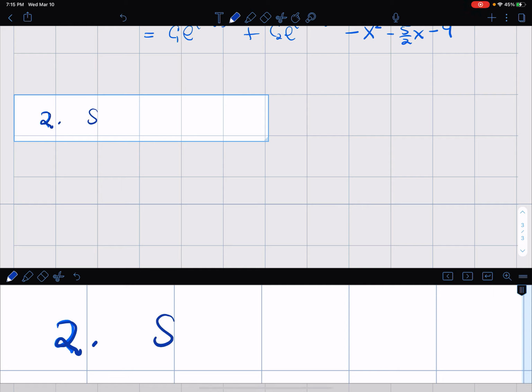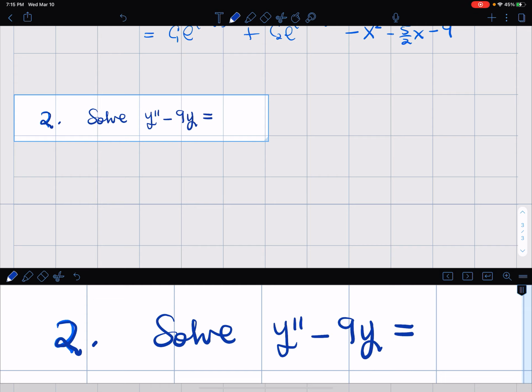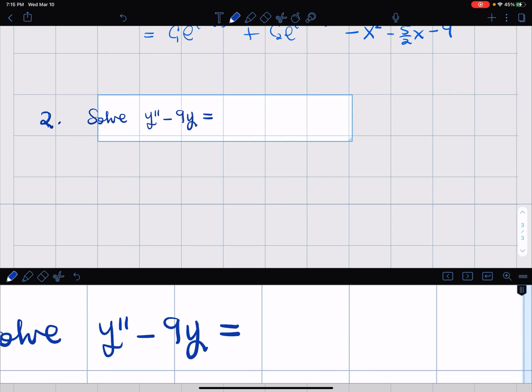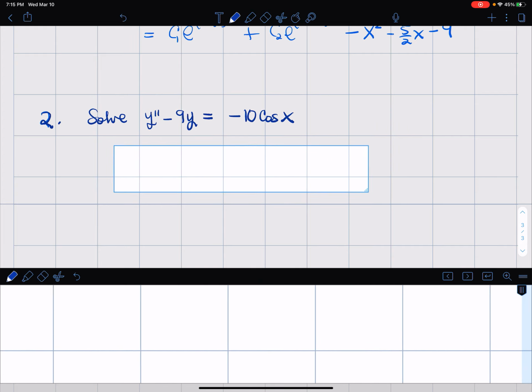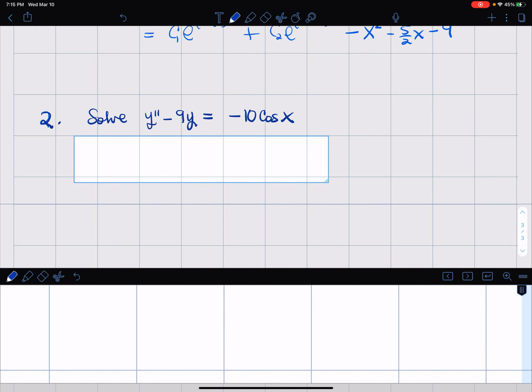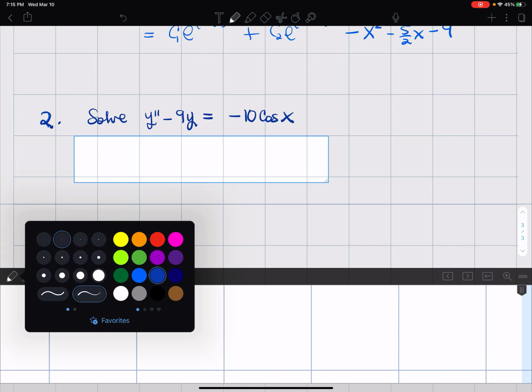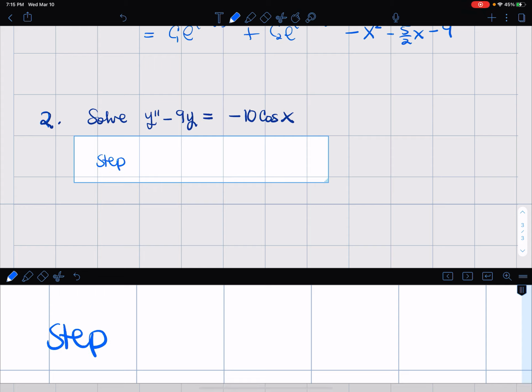Let's solve y double prime minus 9y is equal to negative 10 cosine x. So if you're taking the course with me, you know that we looked at this problem in class. So let's do step 1.